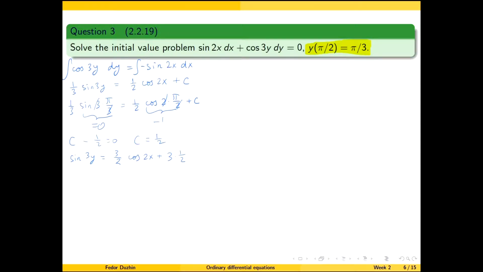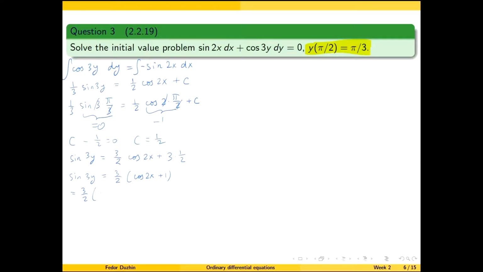Okay, or I can rewrite it as sine of 3y equals 3 over 2 times cosine 2x plus 1. Strictly speaking, I could probably just go on from here, but I think it is nice to simplify it a little bit.